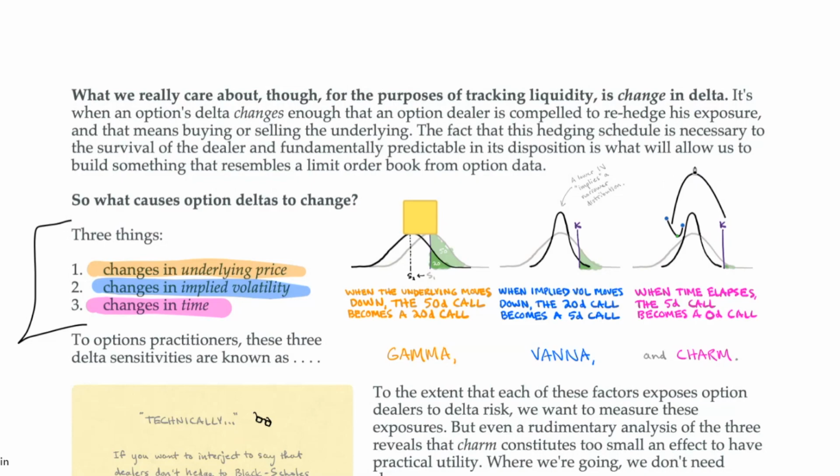Yep. To understand most of the Greeks, just ask yourself: is the probability that the option is going to pay out increasing or decreasing? That's what the pricing is driven by, the probability of going in the money or out of the money.